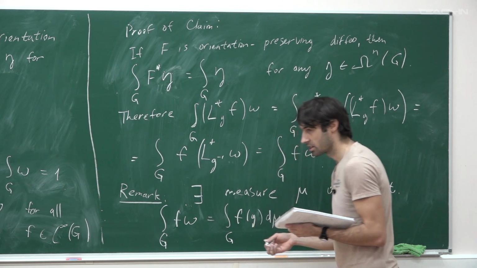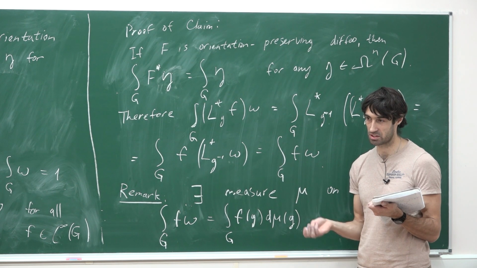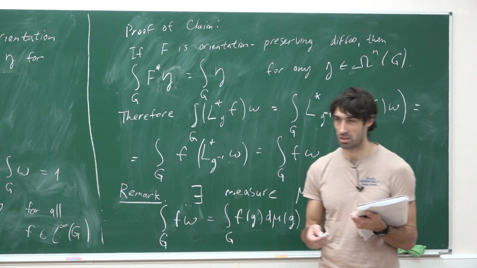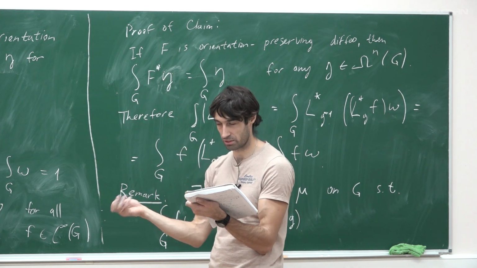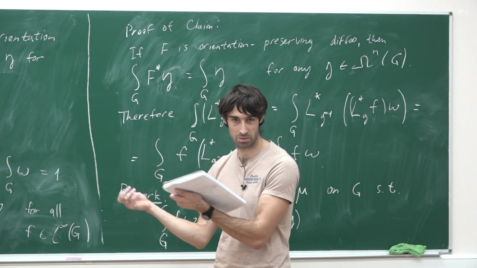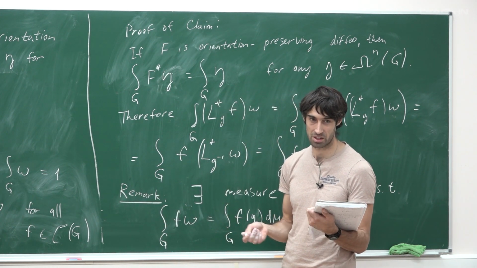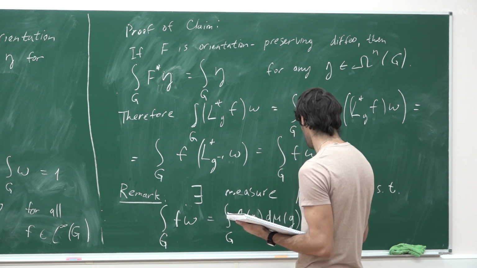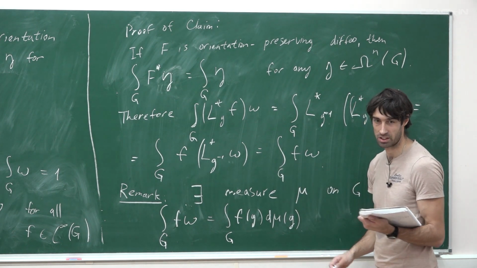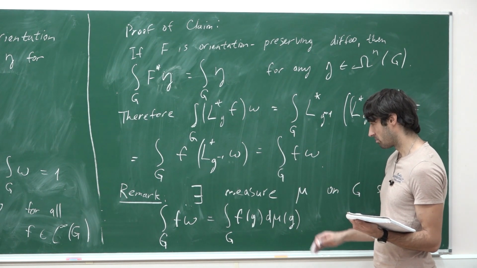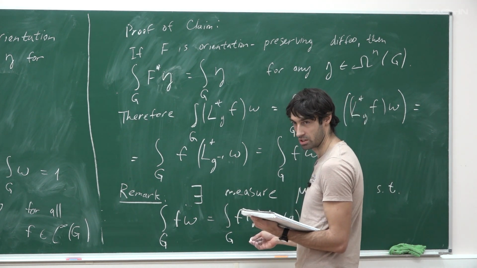And this measure is actually left invariant. So if you take a set, compute a measure of it, apply left action by some element, then the measure of what you get is the same in this sense. But we just work with forms rather. But still, this measure is called the Haar measure.